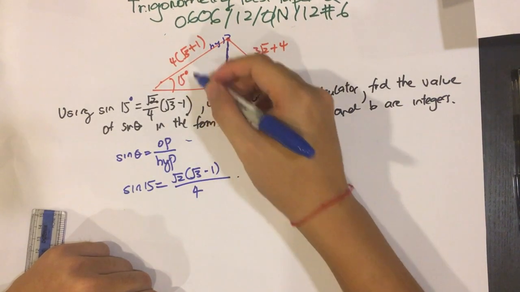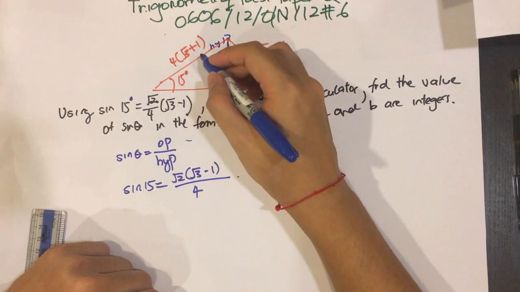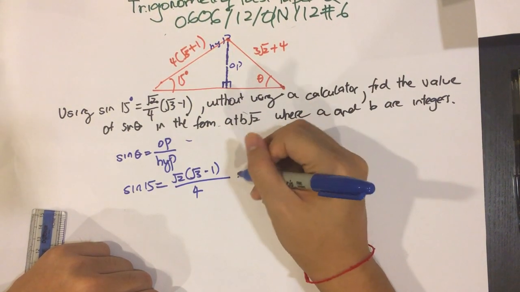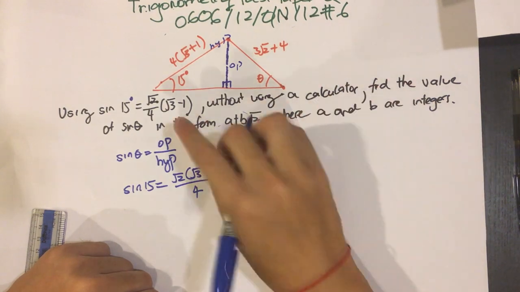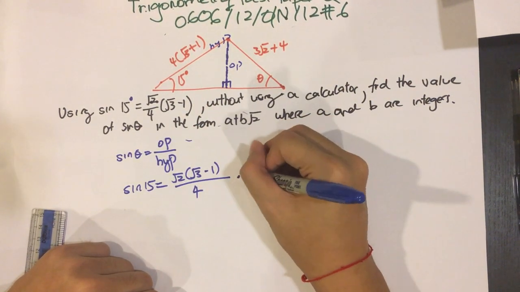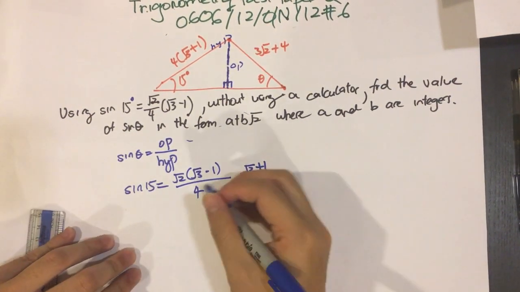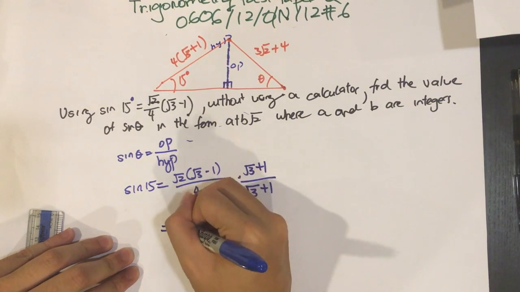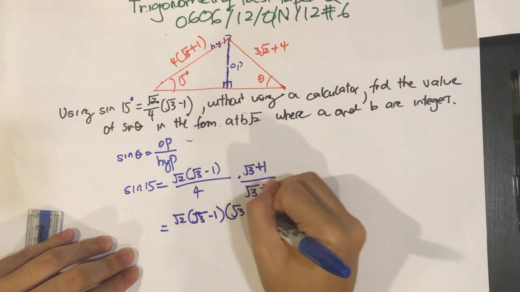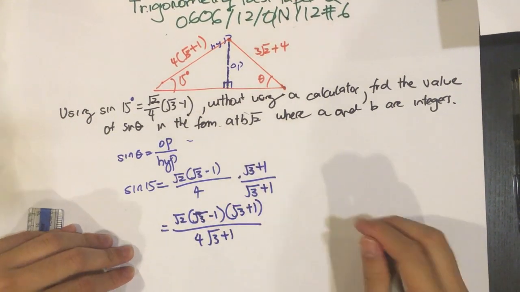If I divide 4 root 3 plus 1 by 4, I get the scalar multiple I have to multiply with, which is root 3 plus 1. So I multiply by root 3 plus 1, giving root 3 minus 1 times root 3 plus 1, over 4 root 3 plus 1.